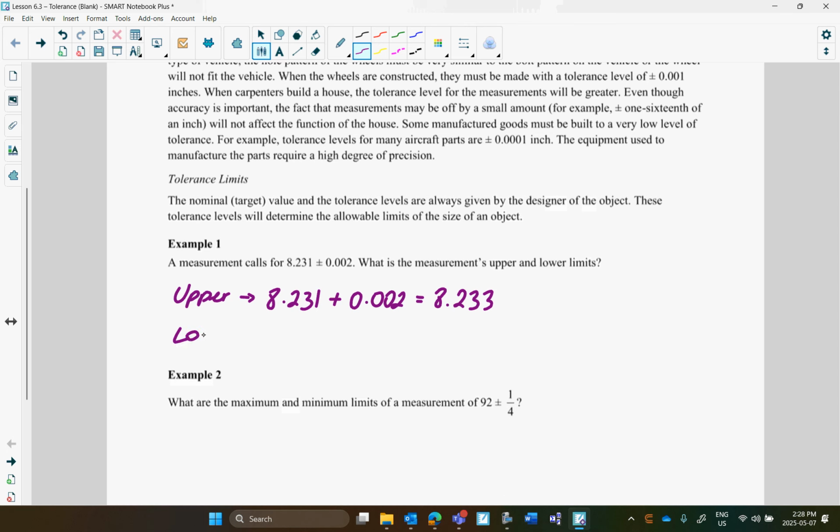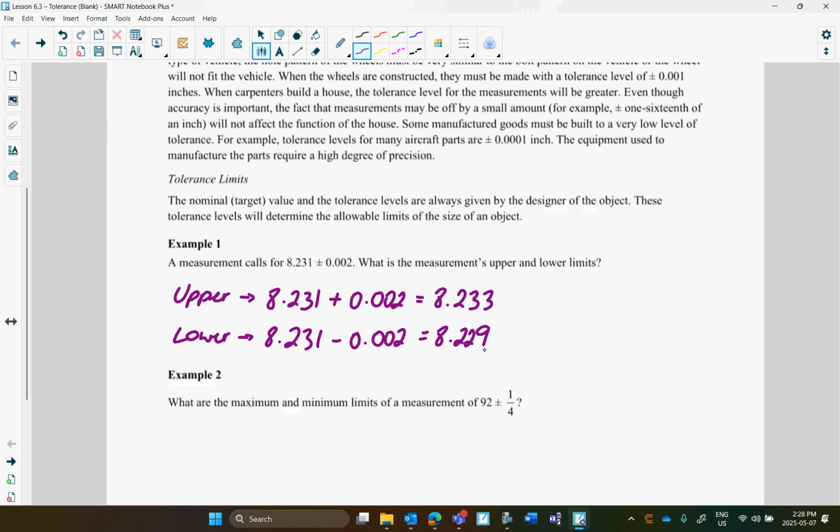And then to find the lower, obviously, we do 8.231 minus the tolerance. And that gives us 8.229.